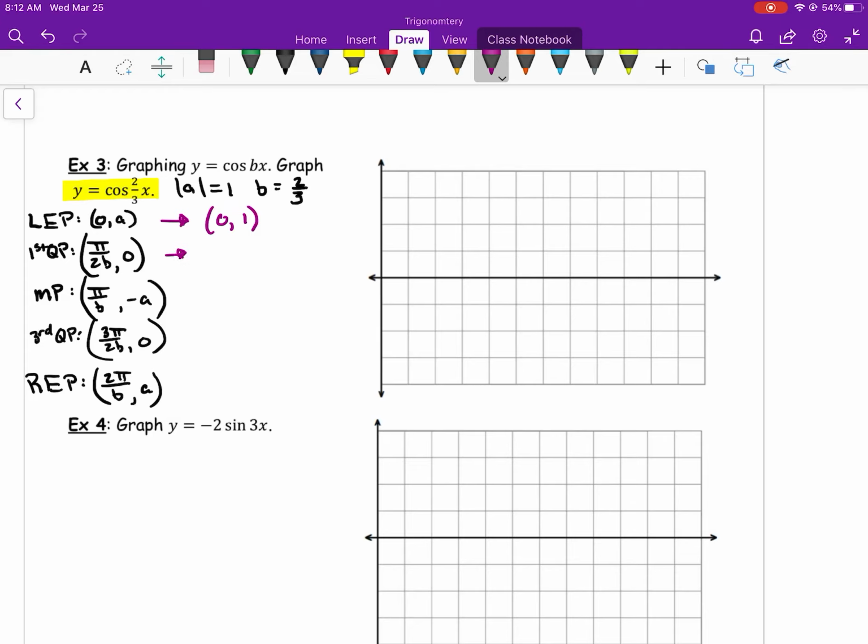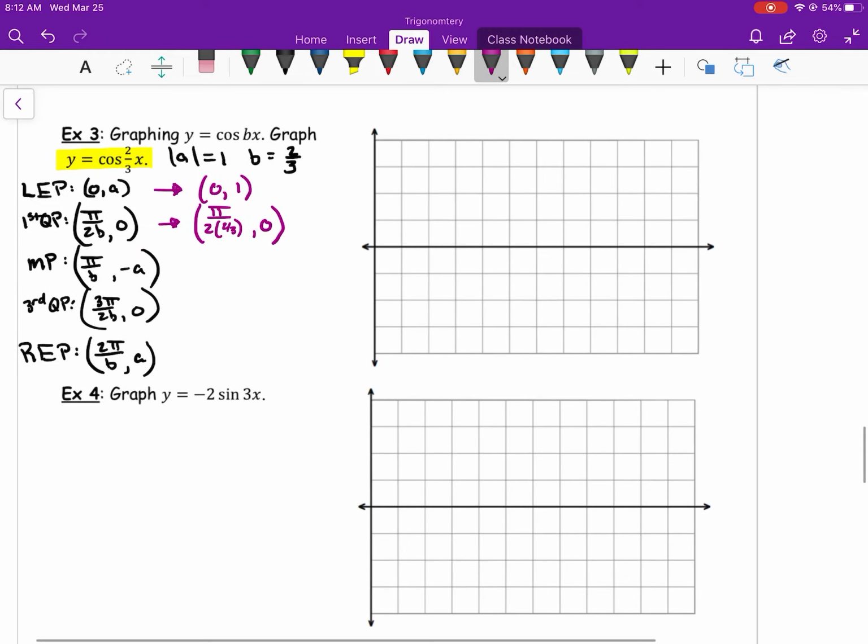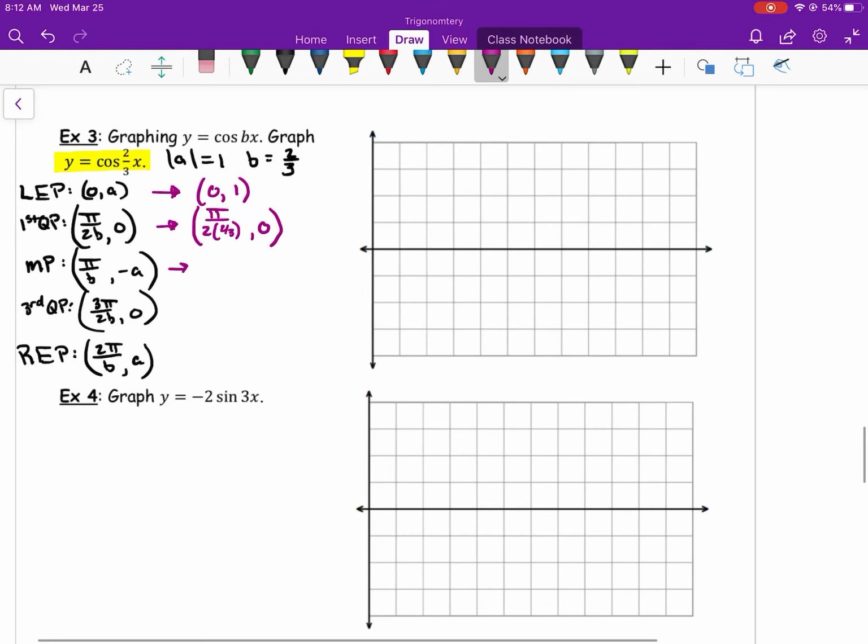And then we have pi divided by 2 times 2/3, comma 0. And then we'll have pi over 2/3, negative 1.